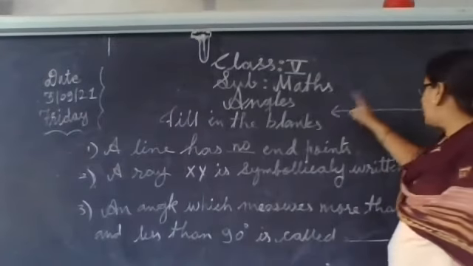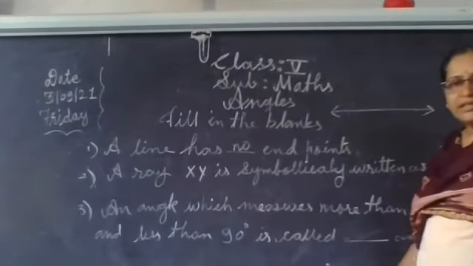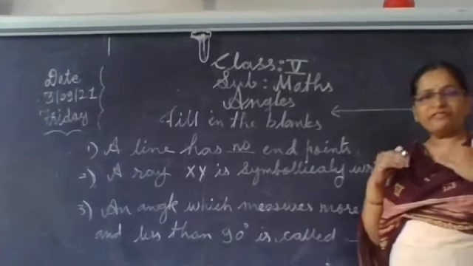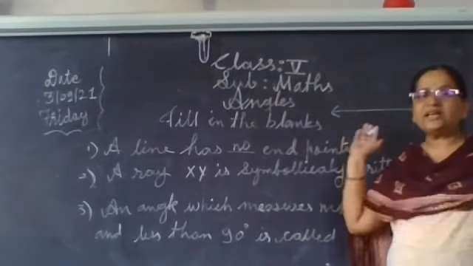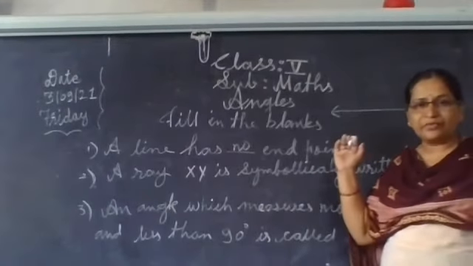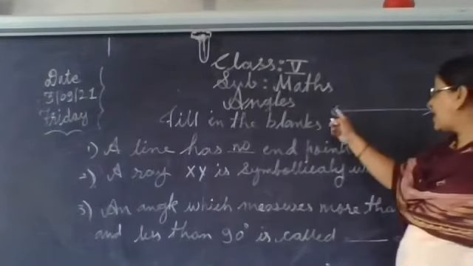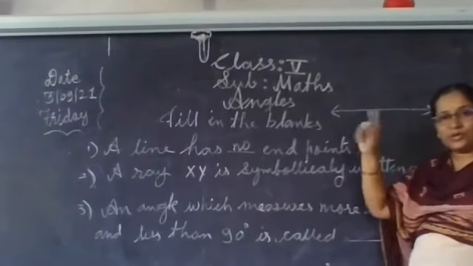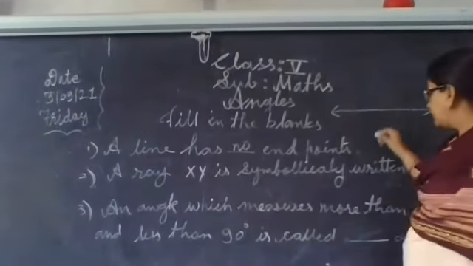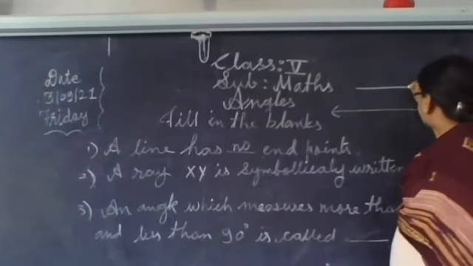What is the meaning of these arrowheads? Its length is infinite. You can extend the line infinitely. That's why it has no endpoints. It has arrowheads on both ends.